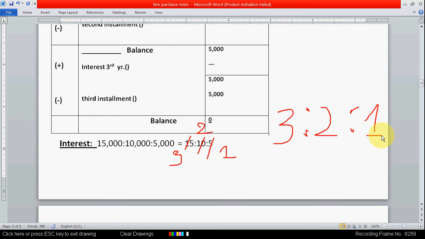This is the ratio, and we divide by the total, which is 6.